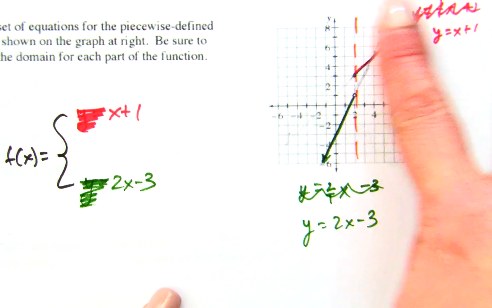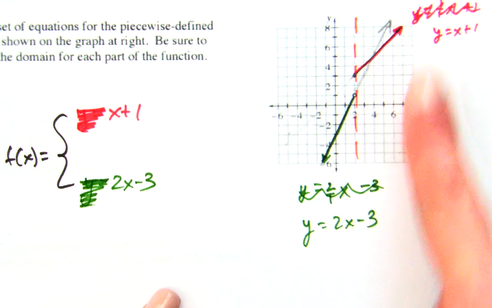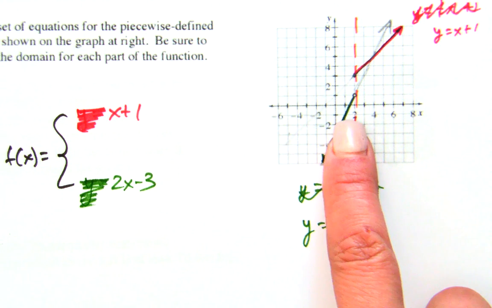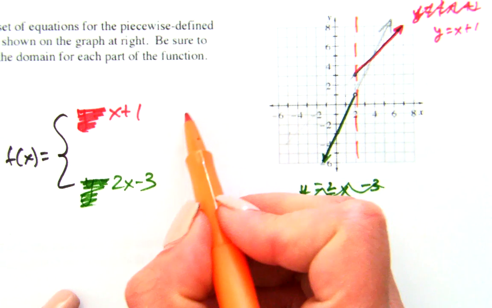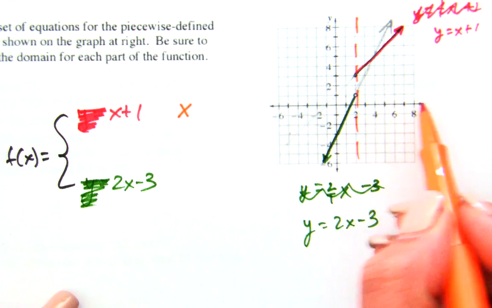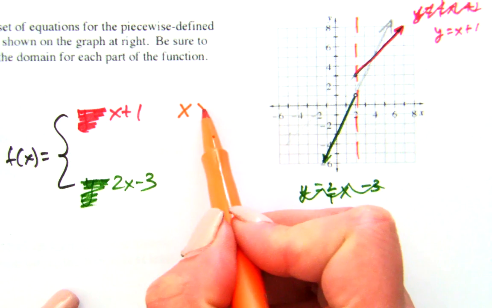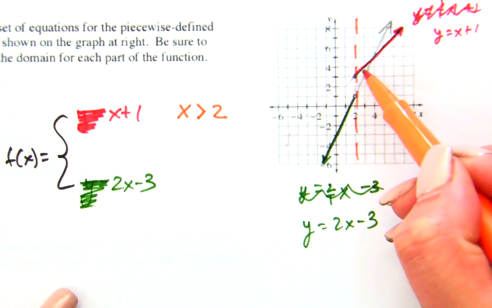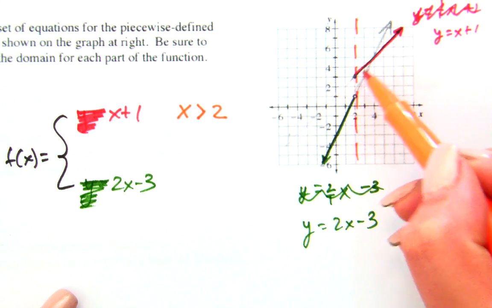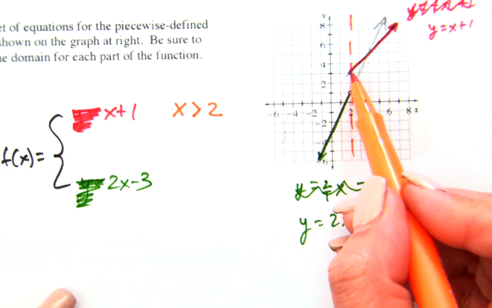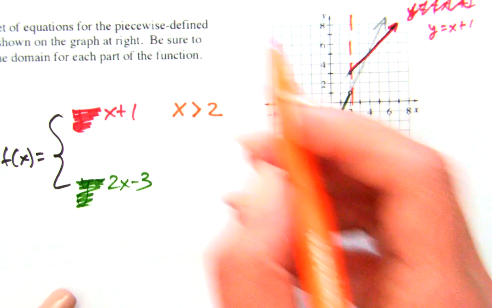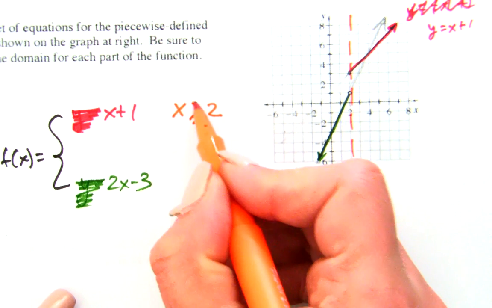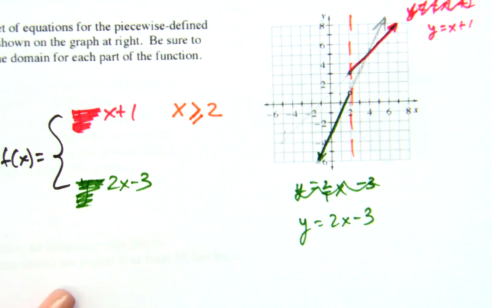The right side of positive 2 are all bigger numbers than 2. So everything, x, technically, that is greater than 2, that's when the red one takes place. So it's a closed circle on the red one, so it's going to be greater than or equal to 2.